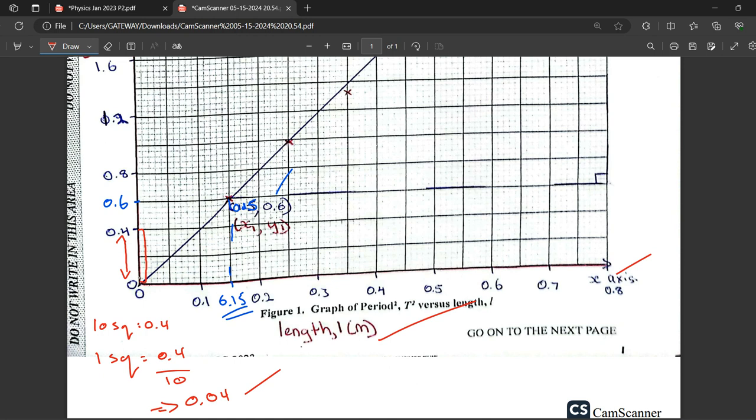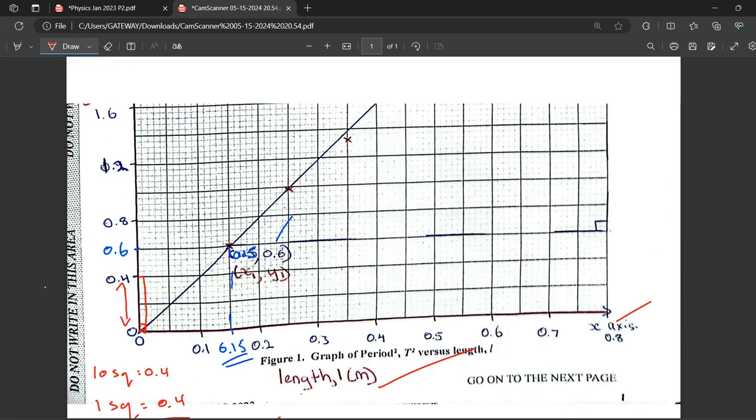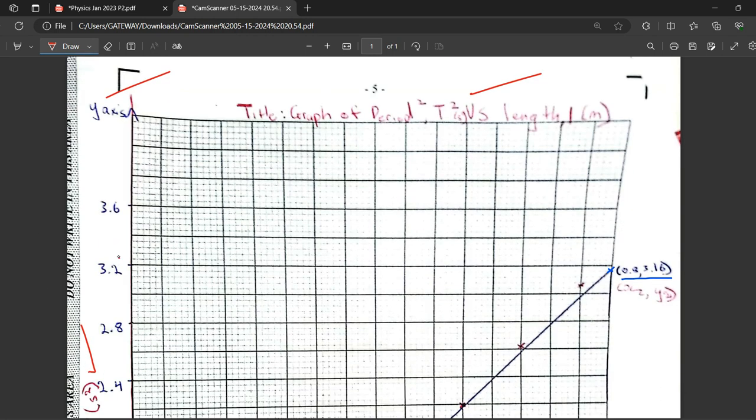If I know one small square is 0.04, and I know up here is 3.2, then 3.2 minus 0.04 will give me 3.16. This makes sense because this is just below, by one small square, the solid dark line there. That is how to read off the small tiny increments in between.